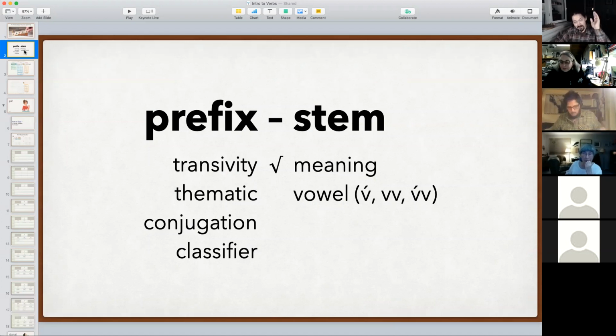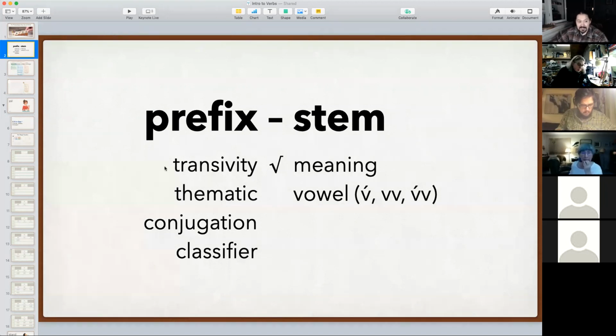The object pronoun, the thematic prefix, the subject pronoun, the classifier, and the stem, right? So the stem is all about containing meaning and then giving us what the vowel is. Usually short and high, long and low, long and high. Those are our three options.